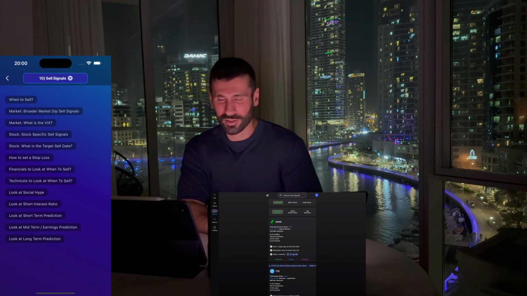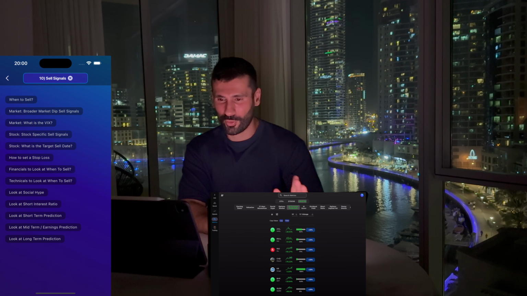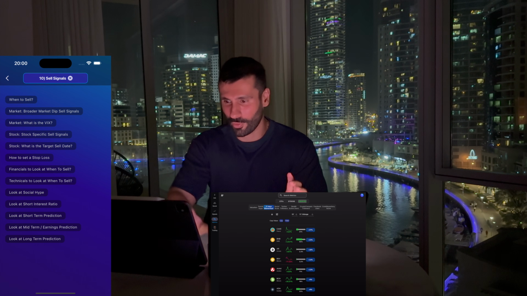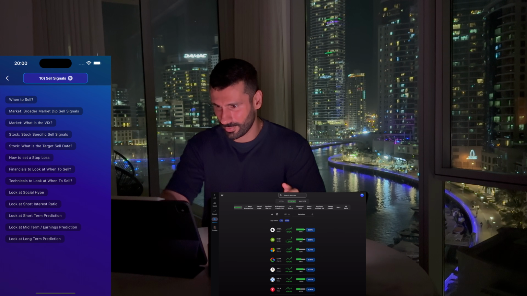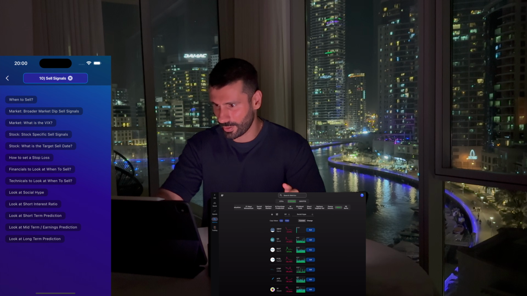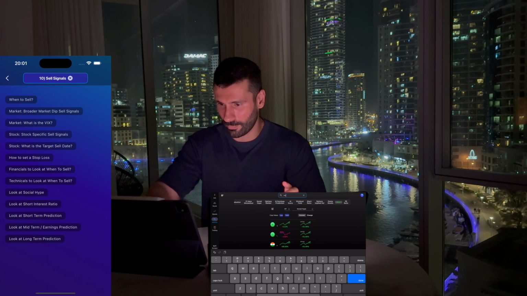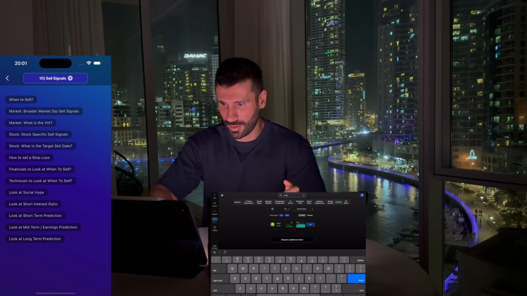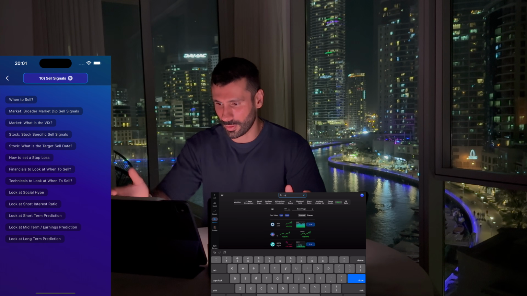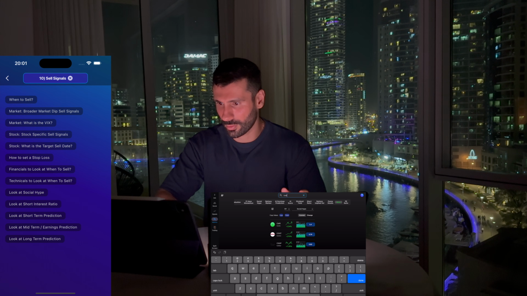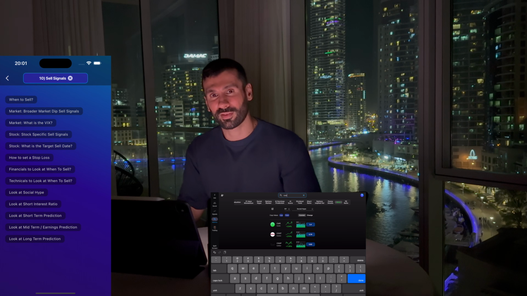How to set a stop loss. Okay, for this one, maybe I will just cover what's beta. So here you have beta. So beta is the correlation with the market. Stocks like Nvidia, here you have beta 1.7. But Costco has 0.8.